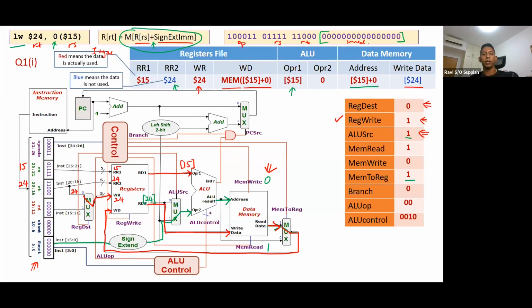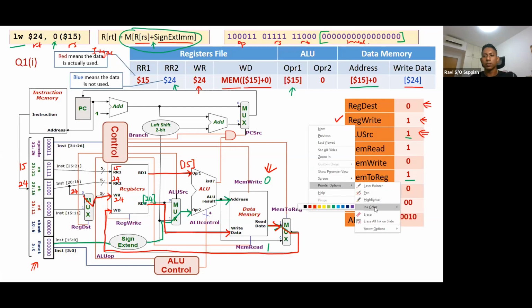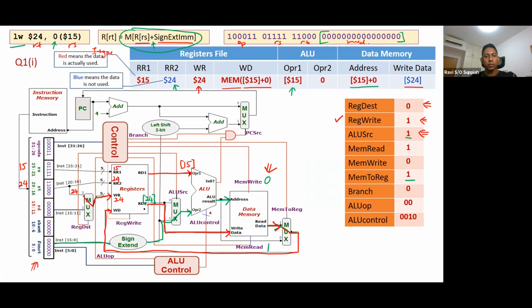One is going to the ALU source, input 0, or it is going to the write data of the data memory. It's only going to these two places. Yeah, so this is one pathway for RD2, and this is the other pathway. Yes, it will go to both places at the same time.